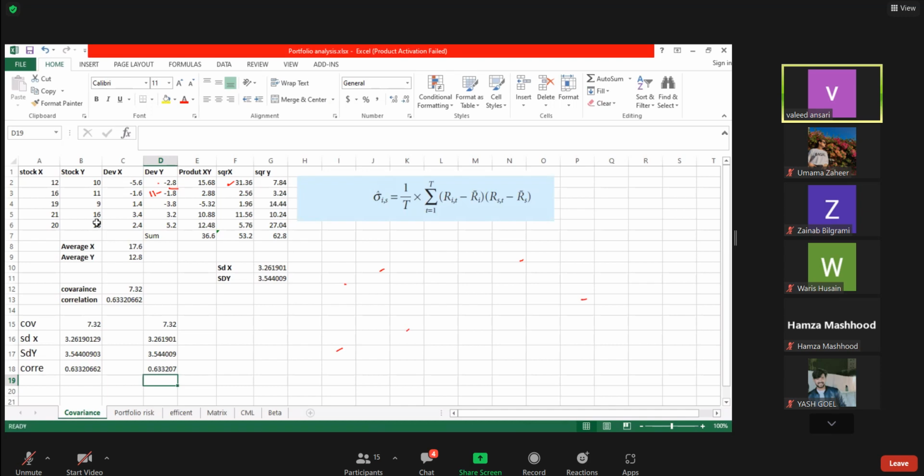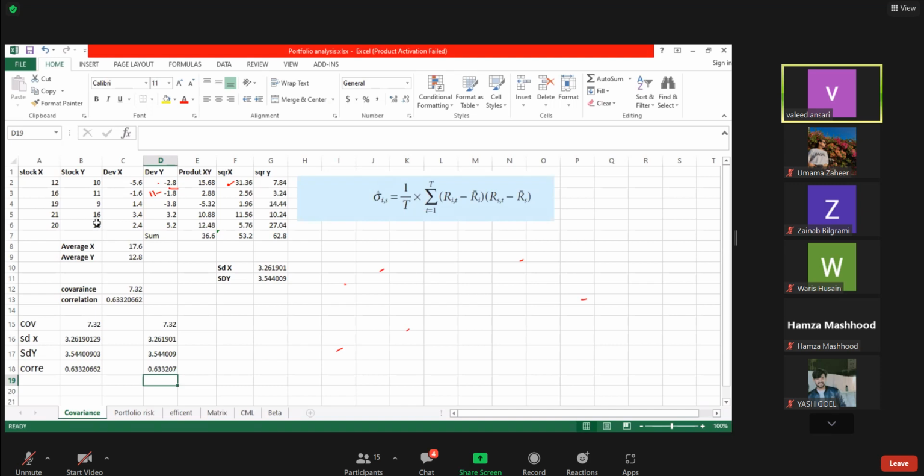What I'm going to do next is tell you how portfolio returns and portfolio risk are calculated, based on the discussion on return, risk, SD and covariance.